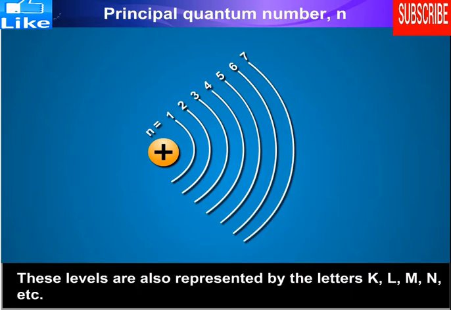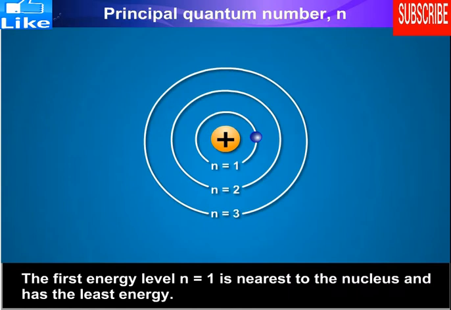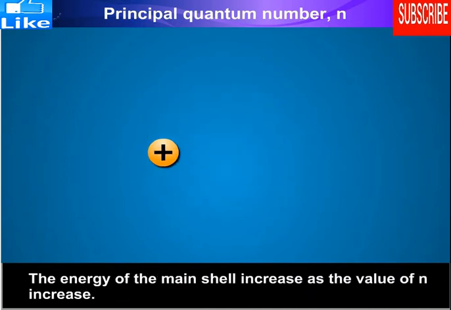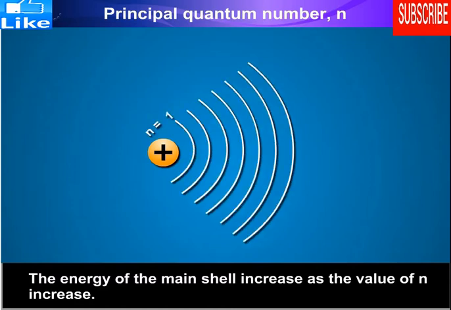These levels are also represented by the letters K, L, M, N, etc. The first energy level, n equal to 1, is nearest to the nucleus, and has the least energy. The energy of the main shell increases as the value of n increases.